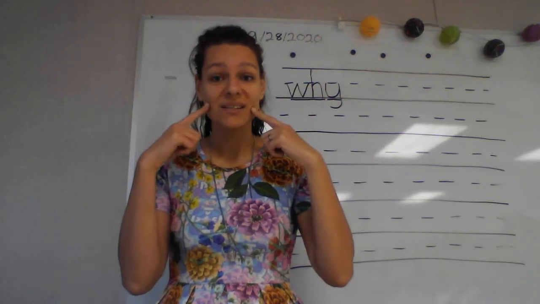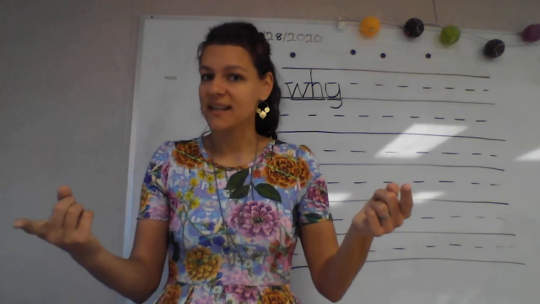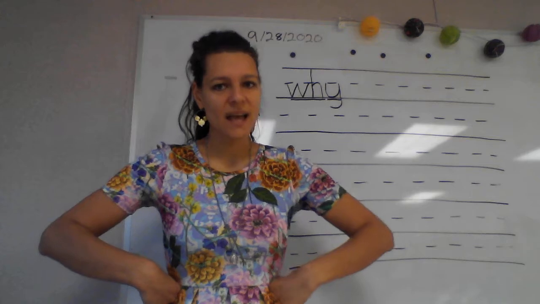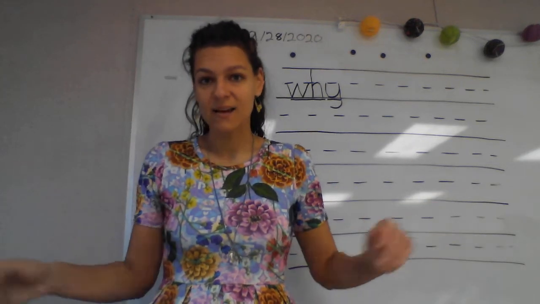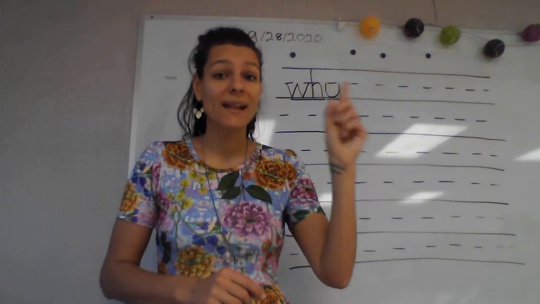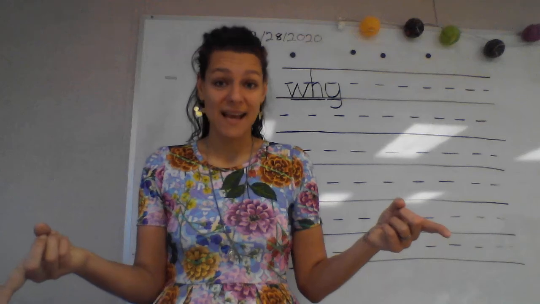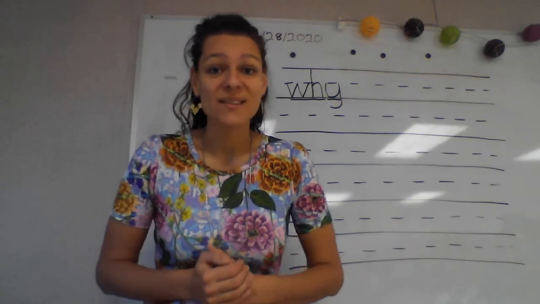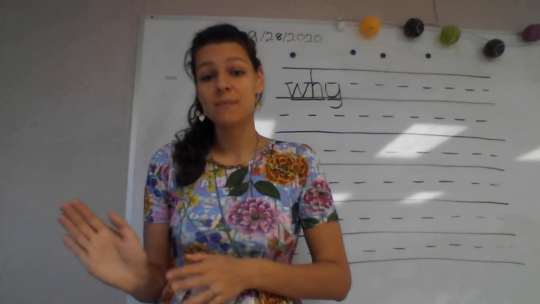My favorite example of this, or the one that I learned when I was younger, is Wednesday, right? When we're speaking, we say Wednesday, but to spell it correctly, we say Wed-nes-day. All right, so that is a two-way word.